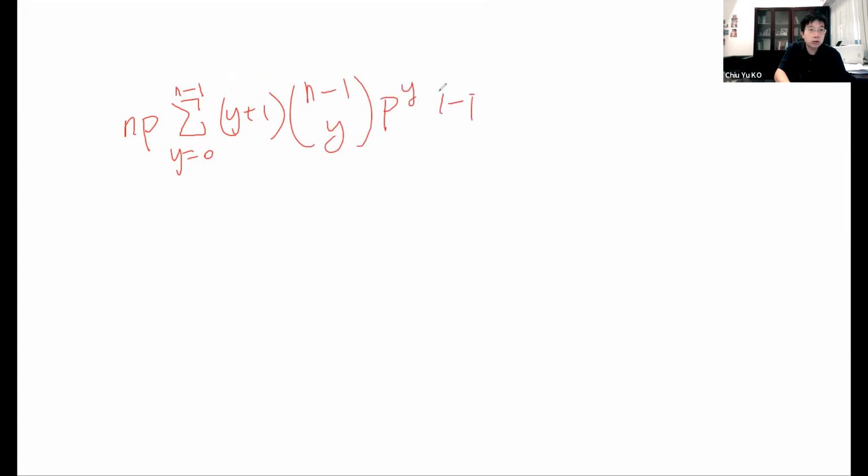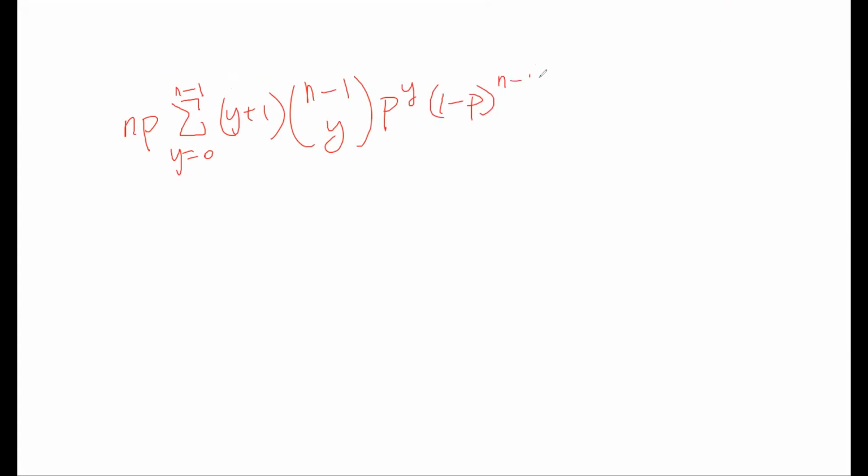So what I have is np summation. I just copy the second step, y plus 1 and n minus 1 choose y.